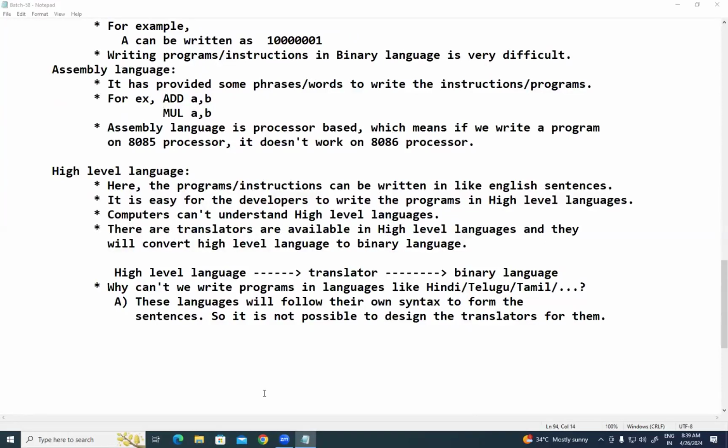Am I clear so far? Folks, am I clear so far? Yes. Very good.